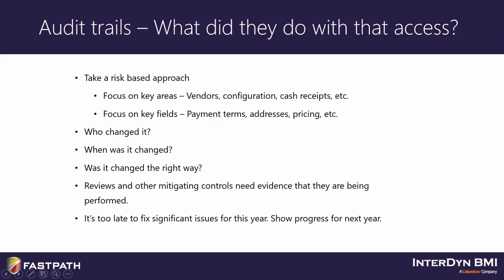Was it set to an acceptable limit, etc.? And then when you're putting together that information, you need to provide evidence that you're actually reviewing these reports or any other control. So you want to make sure that you're showing that not only are you collecting this information, you're tracking it, but that you're actually reviewing it.